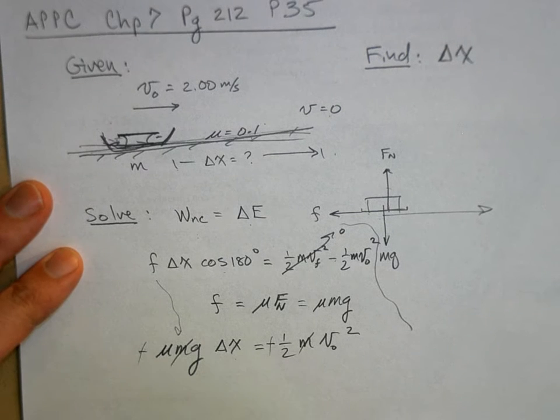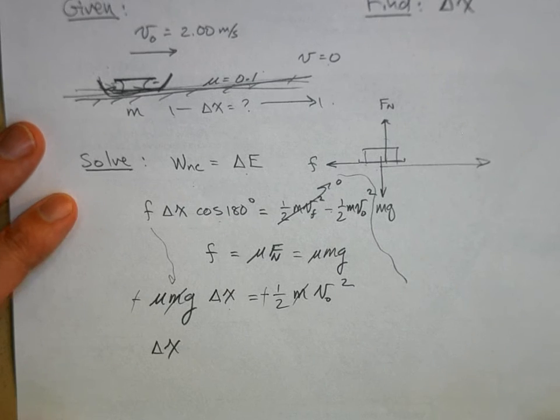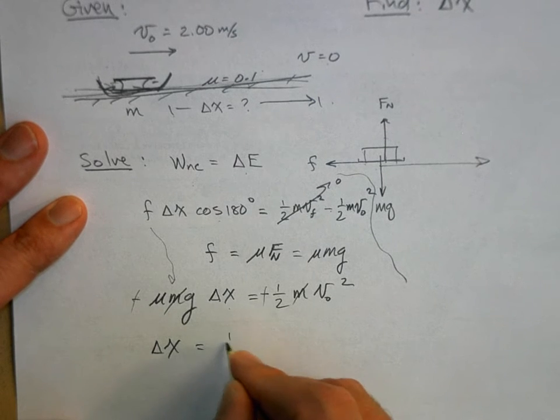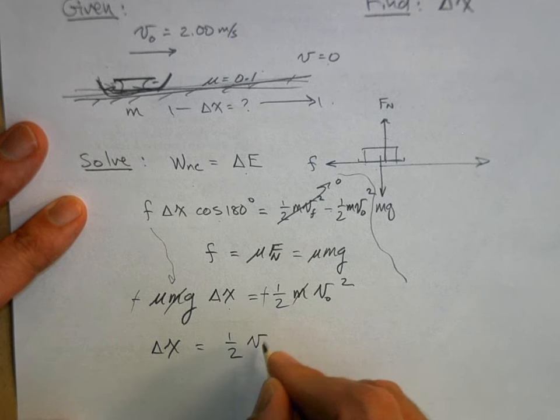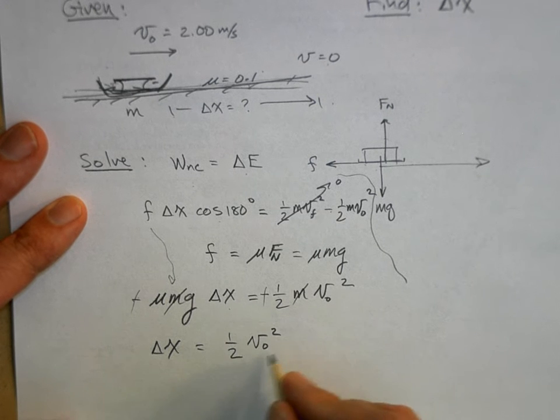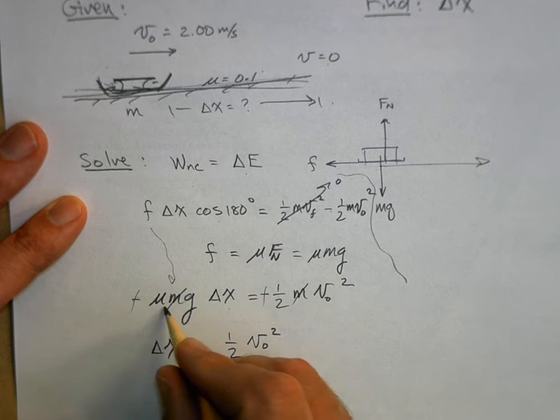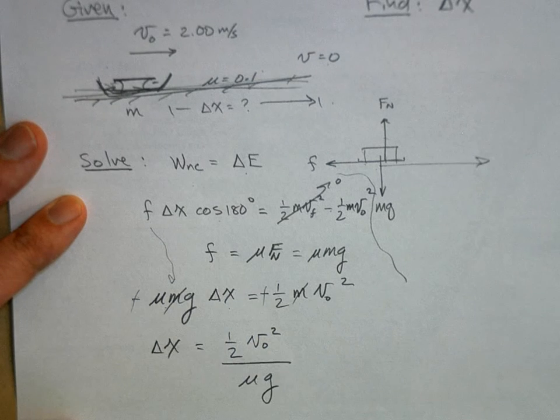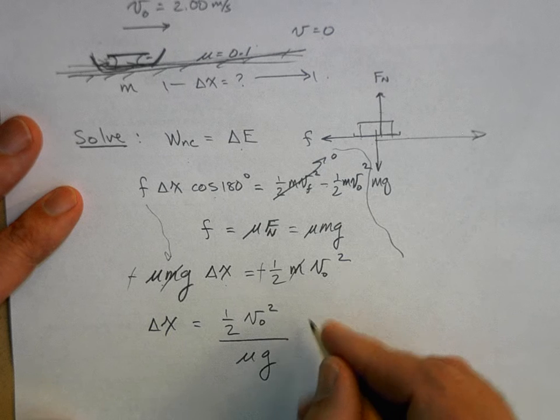So now I can solve for delta x. Delta x is going to be equal to 1/2 the initial velocity squared divided by mu times g. That's kind of an awkward way to write it, but okay.